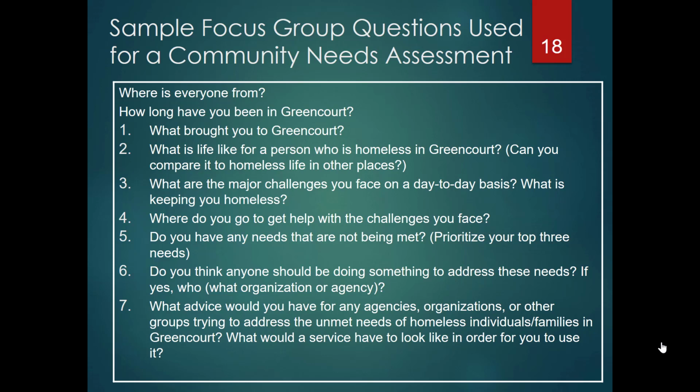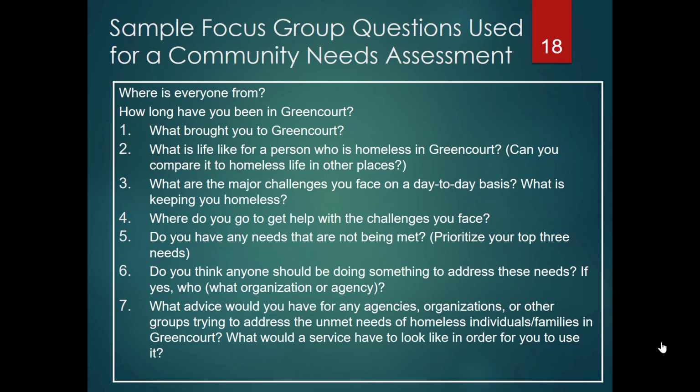And as you can see how the questions are being asked, they also had some follow-up. Can you compare it to homeless life in other places? And things like that. So here's just an example of what a focus group questionnaire would look like for a community needs assessment. As you can see, they're general questions, and it's nothing sensitive.